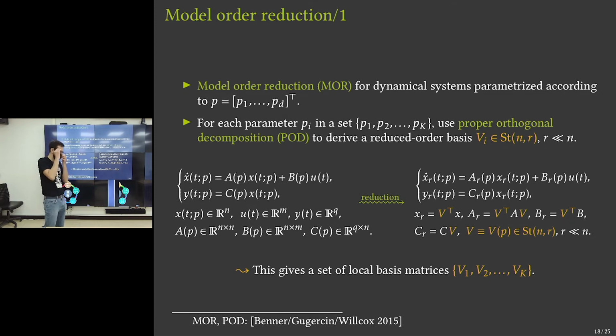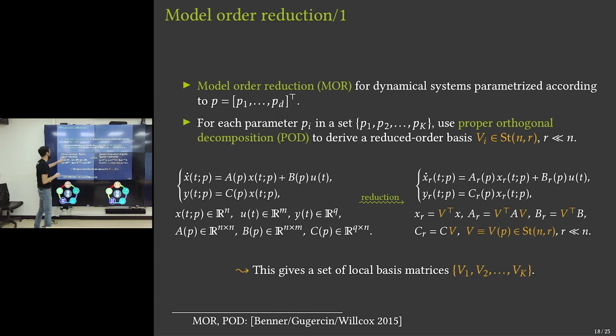If you know the singular value decomposition and have never heard about this, it's fine, because it's basically just another name. So one uses this POD to derive what is called a reduced order basis, which is just a matrix which is orthonormal, so it belongs to the Stiefel manifold, and it has size n times r. And r is what you want; now I will explain why. R is much less than n.